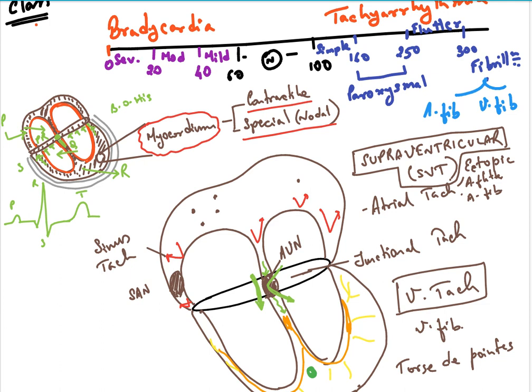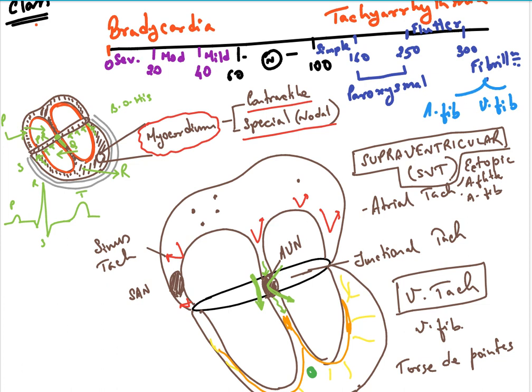Specialized myocardium includes the connecting path as well as the nodes which actually generate the action potential. Both are specialized. They are not counted under the contractile myocardium. Contractile myocardium can't do anything except contraction and relaxation. Their job is only systole and diastole. This is their primary job. Otherwise, they don't have the capability to do anything.